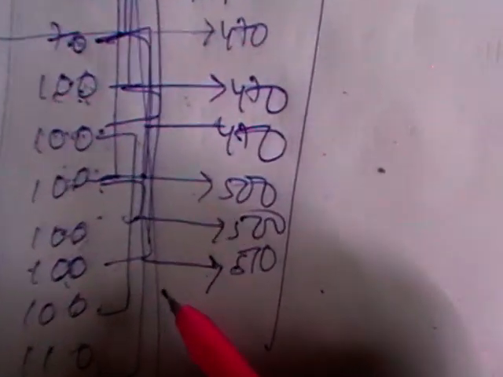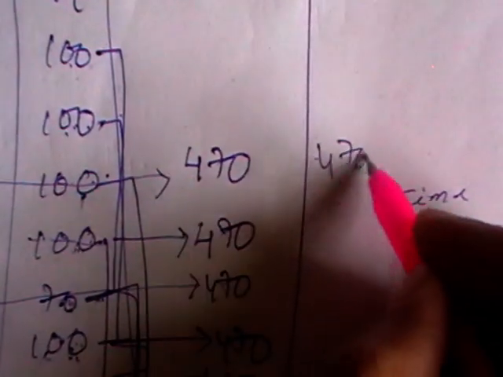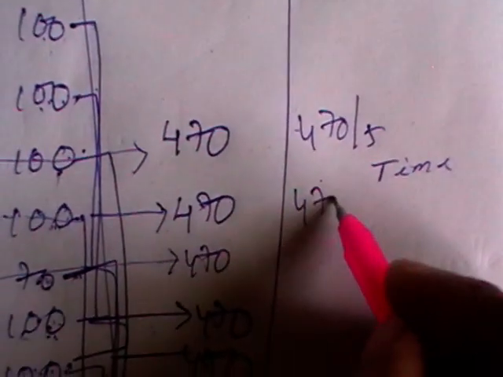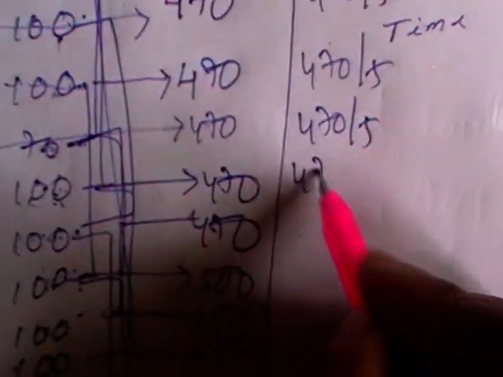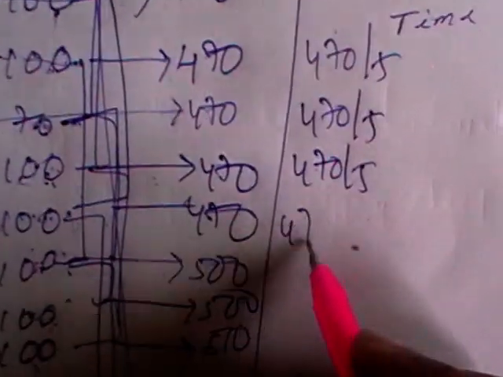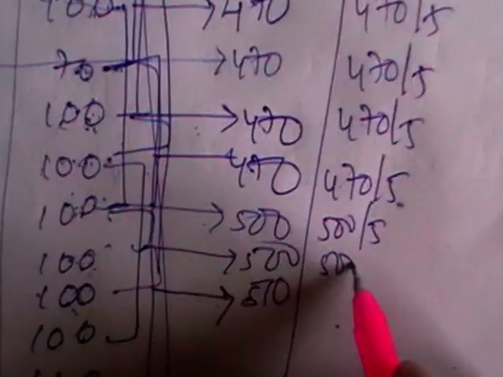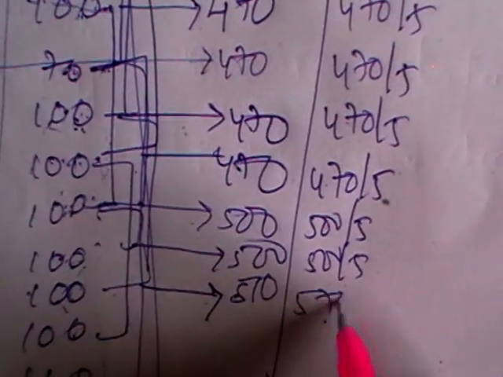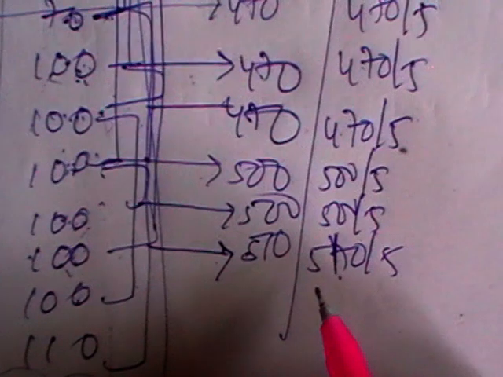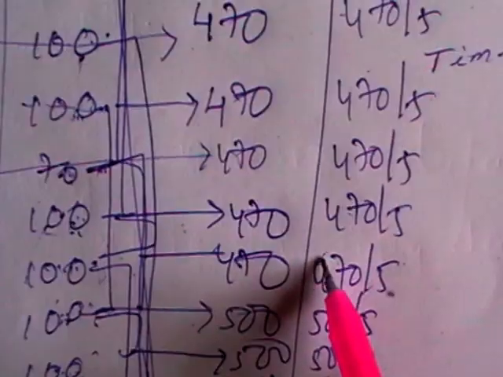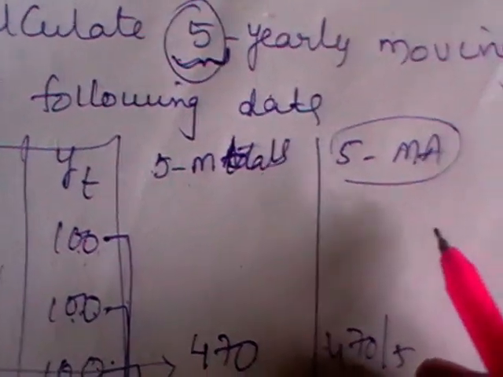After calculating these moving totals, you go to the moving averages: 470 by 5, 470 by 5, 470 by 5, 470 by 5, 470 by 5, 500 by 5, 500 by 5, 570 by 5, 510 by 5. Under this method, these 5-yearly moving averages become the trend values.